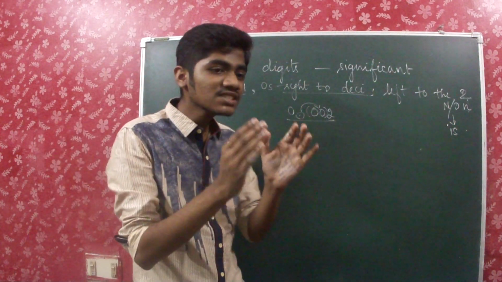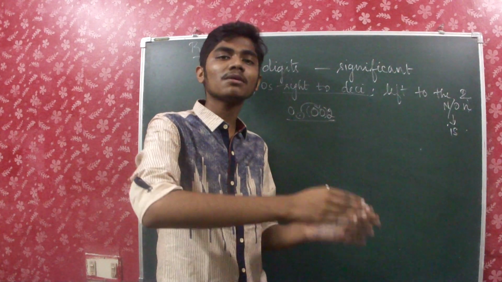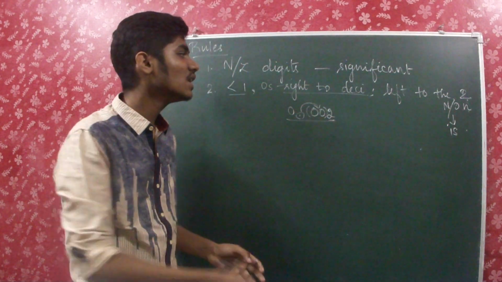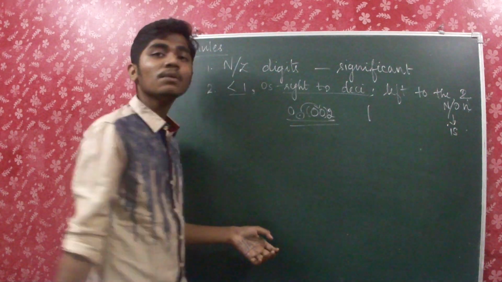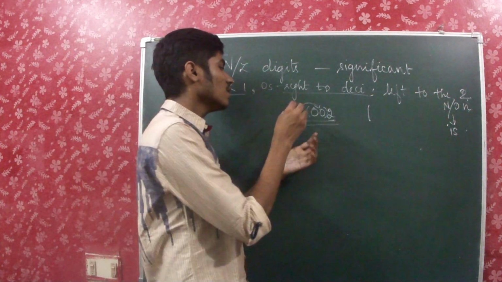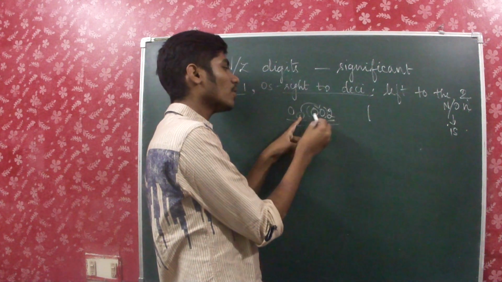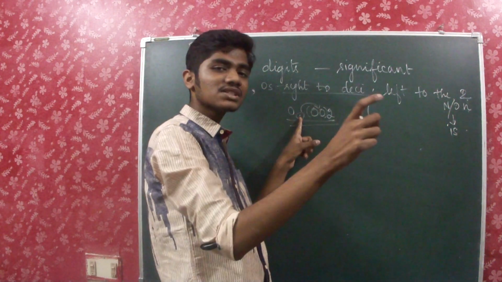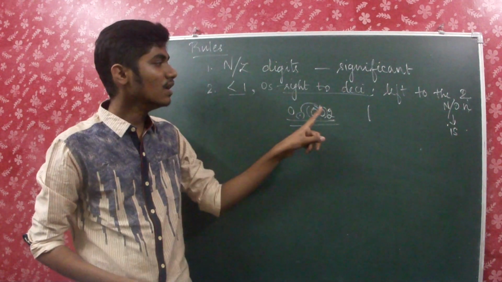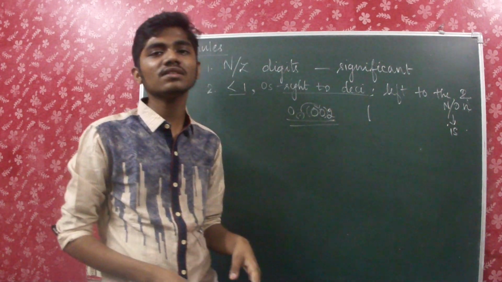Am I right? So the zeros just before the non-zero number but after the decimal point are insignificant. So how many significant figures are here? Just 1. Only one significant figure is here because after the decimal point, before the non-zero digit, the zeros have not been taken into consideration. So there is only one significant figure here.